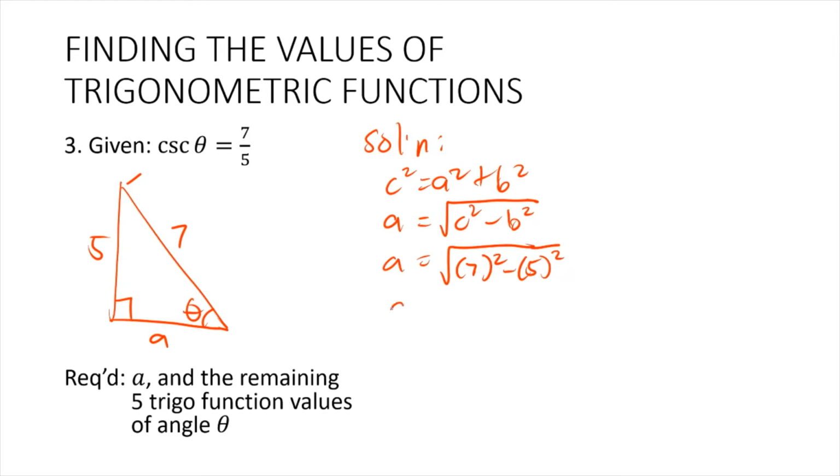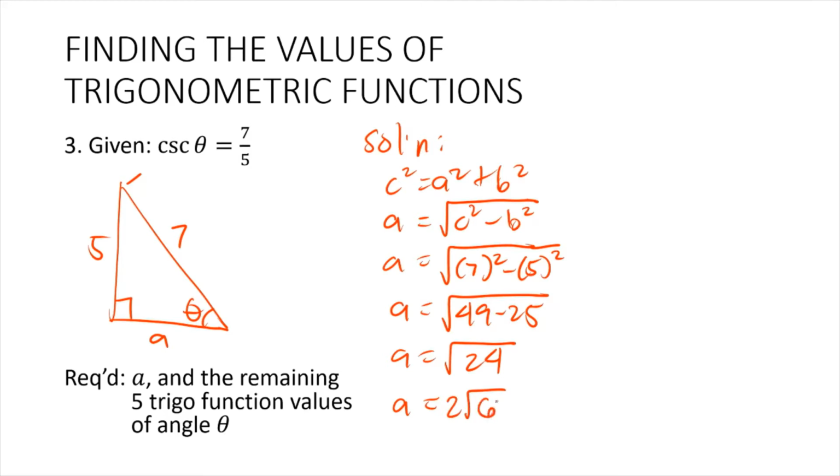Okay, this will result to square root of 49 minus 25. 49 minus 25 is 24. 24 is 4 times 6, where square root of 4 is 2. So we can rewrite this as 2 square root of 6. Okay.